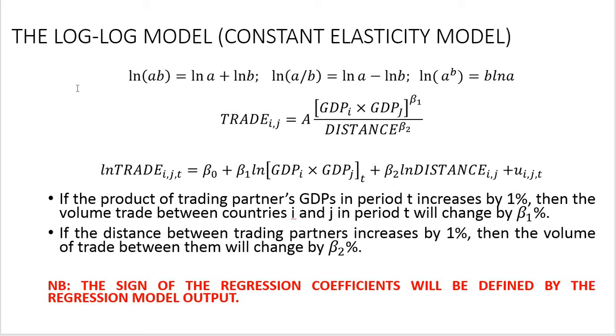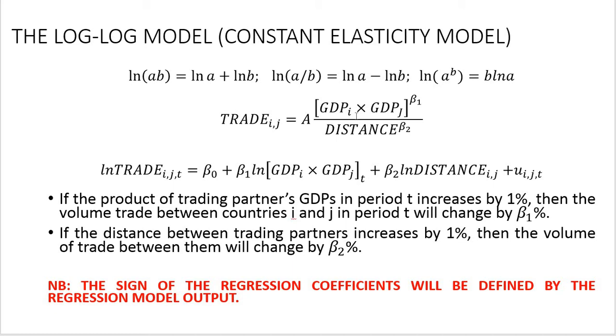So in our case, we assume that the volume of international trade between countries I and J is positively dependent on the product of their gross domestic products, which is treated as economic weight in our case. By the way, if you're interested, GDP is not the only variable to be used as the measure of economic weight.